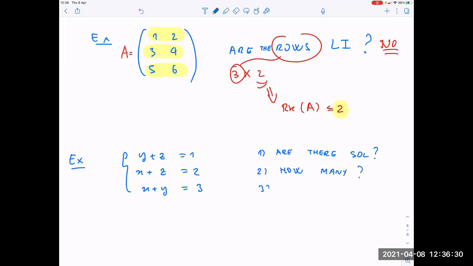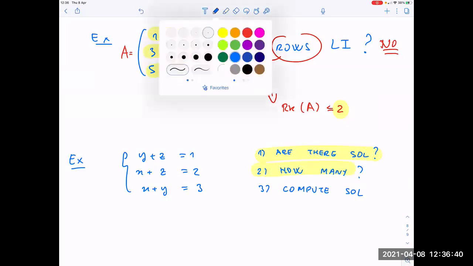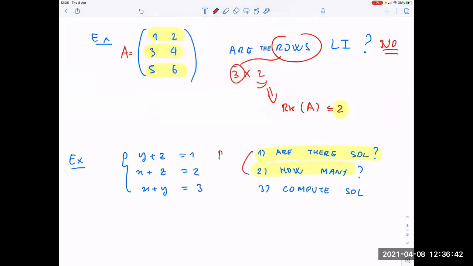And third, compute. So the first 2 questions are what you answer using the Rouché-Capelli results, 1 and 2. This is what you need to say if a solution exists or not and how many. Computing the solution is part of the process of row reduction.